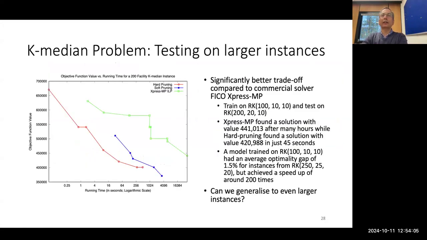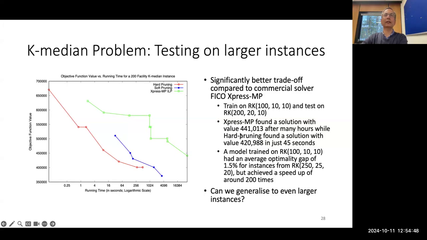Now, I mentioned that what we wanted to do was to train on a few small instances and then be able to solve much larger instances of the problem. So that's our goal. Does the model generalize to larger instances? In this case, I'm going back to the k-median problem, and to these harder non-metric instances. We trained on instances with around 100 nodes, and we tested on instances with around 200 nodes.